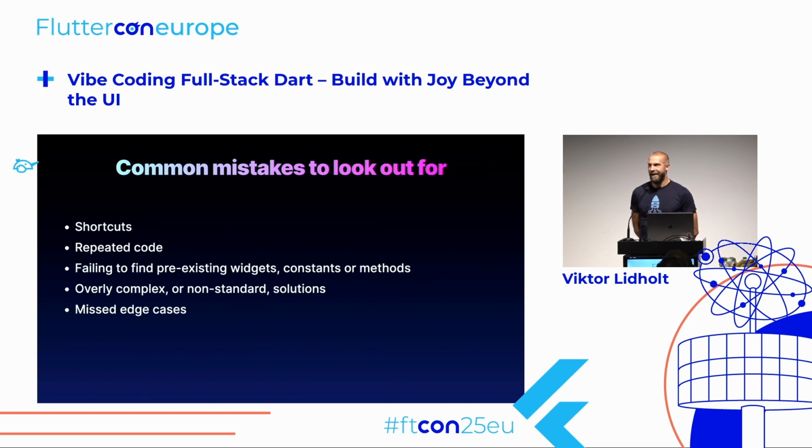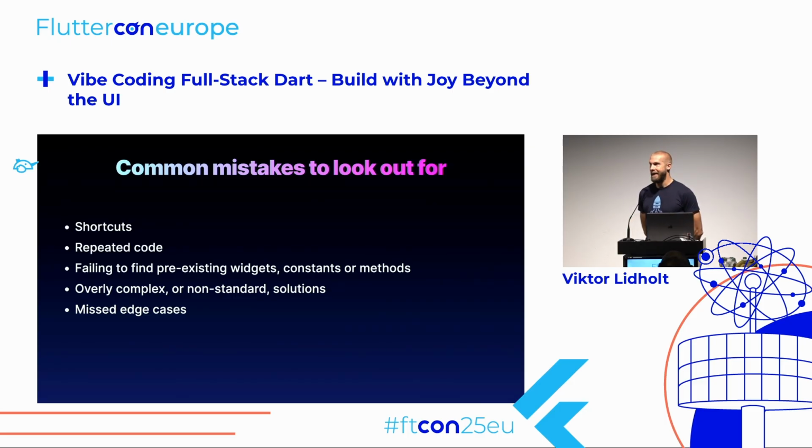It loves taking shortcuts. If it's solving a problem, I'm sure you've seen it tries to do it in the easiest possible way, but probably not the way you want it sometimes. So watch out for that, and maybe in your prompt, give it some more hints on how to do something, not just what to do.